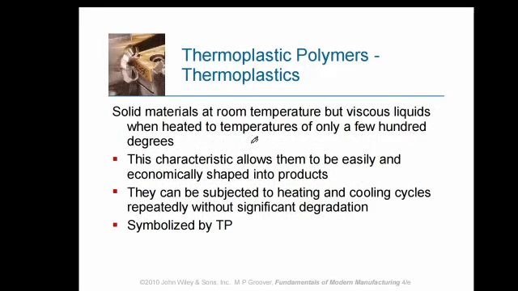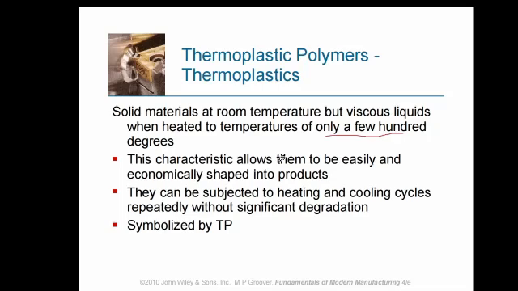And thermoplastic polymers, at room temperature, they are solid, but when you heat these thermoplastic polymers, they become viscous. If you heat it to a few hundred degrees, they become viscous liquids.